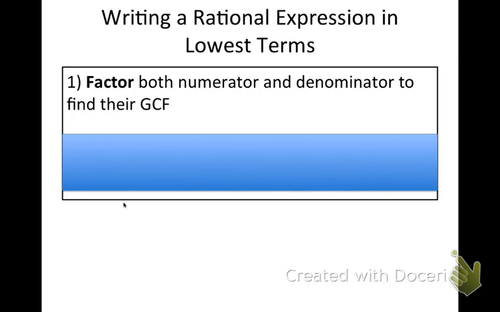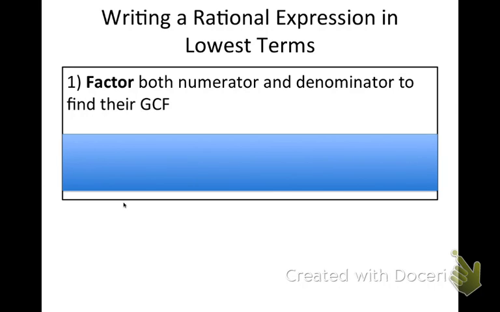So our first step for writing rational expressions in lowest terms: you're going to factor both the numerator and denominator to find their GCF.